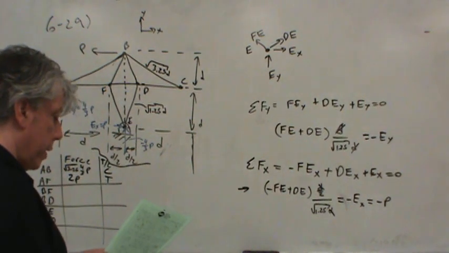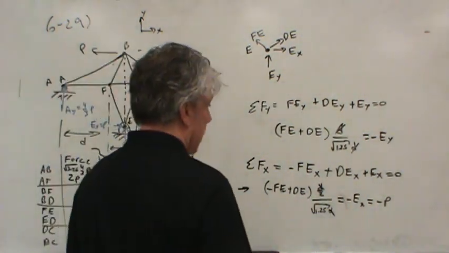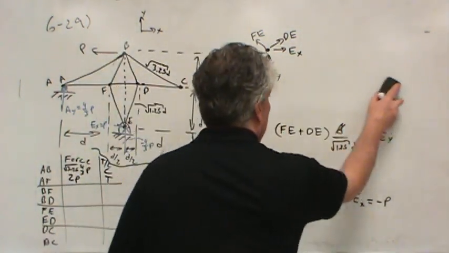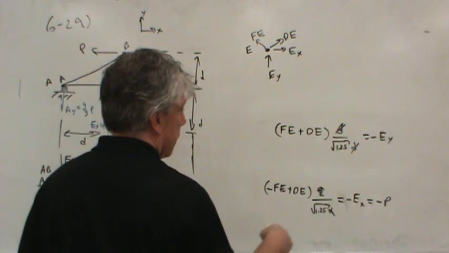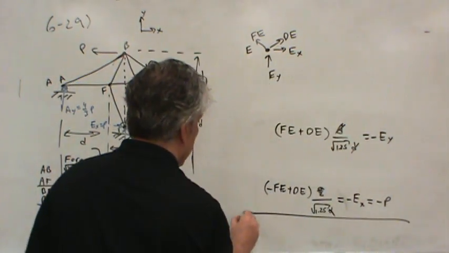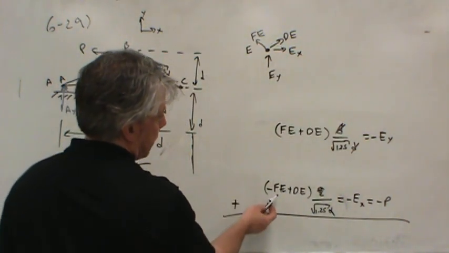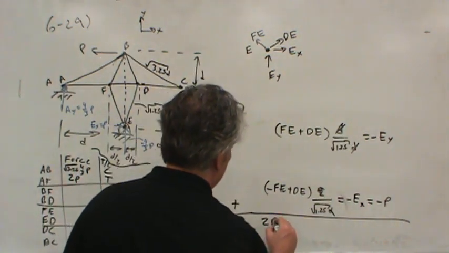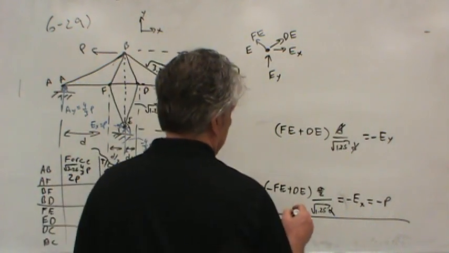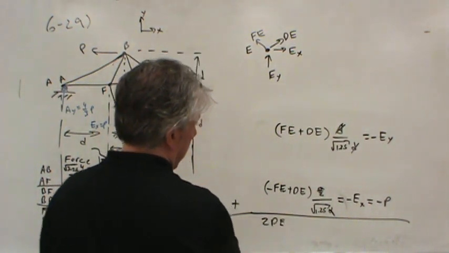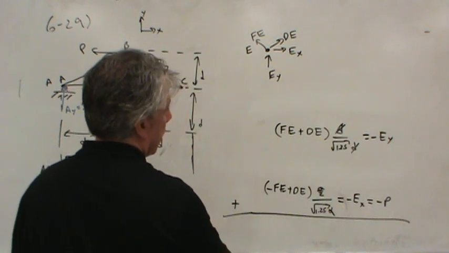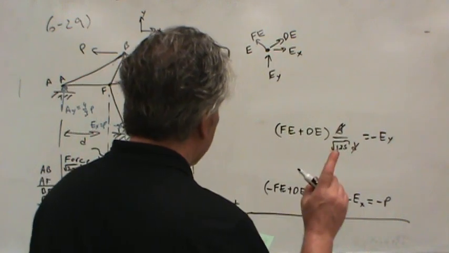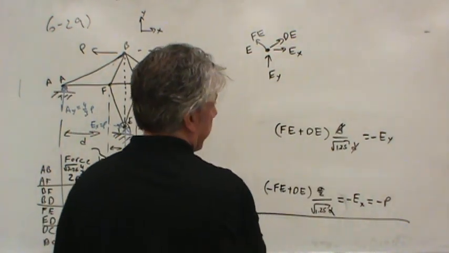Okay? Now, let me erase the intermediate balance equations. And now notice, if I take these two equations and simply sum them, the two FE's will cancel, but the DE's will add. So I'll have 2 DE. Actually, no, not quite. No, the two FE's do not cancel. I know what I forgot to do. I need to rearrange this just a little bit.